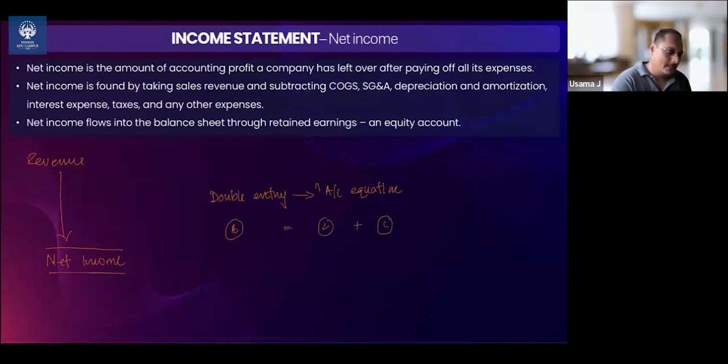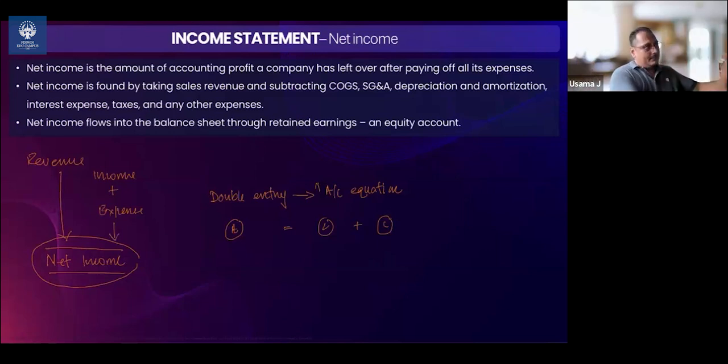Correct? Now, how do we park this net income, right? We don't have assets, liabilities here. We had income and expenses here in the income statement in arriving at my net income. How does this net income flow to this accounting equation?